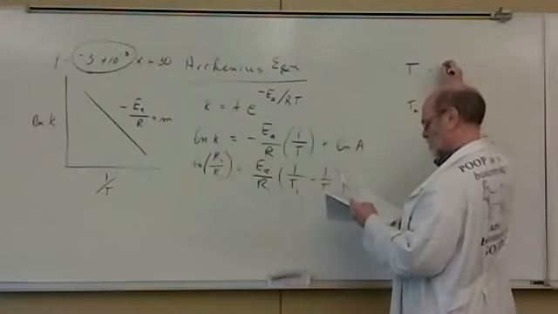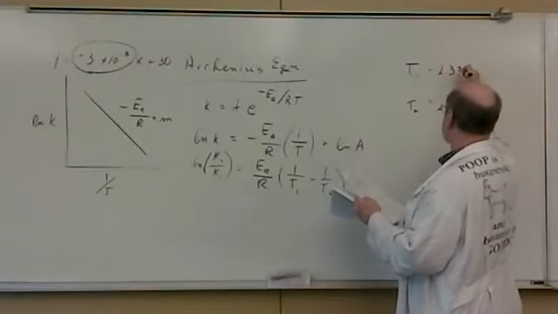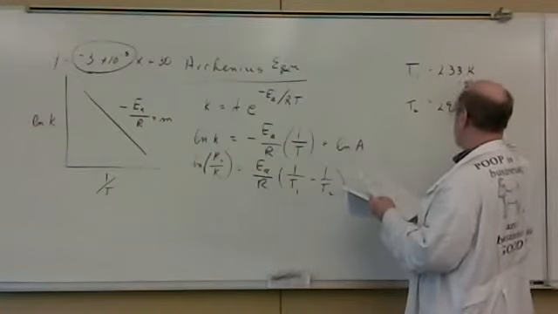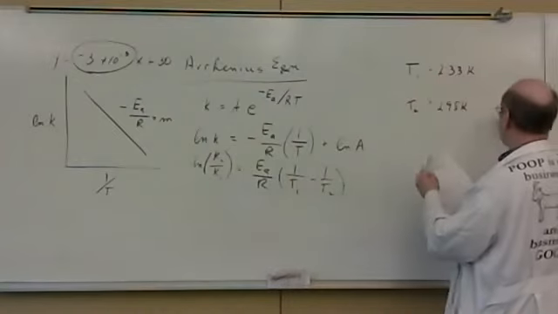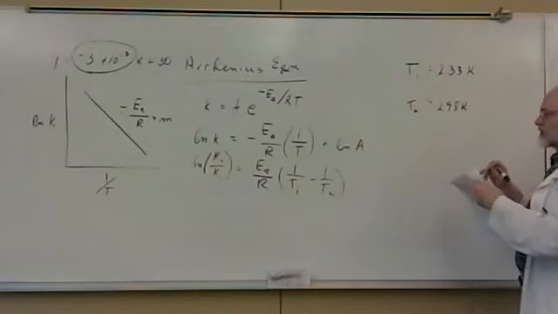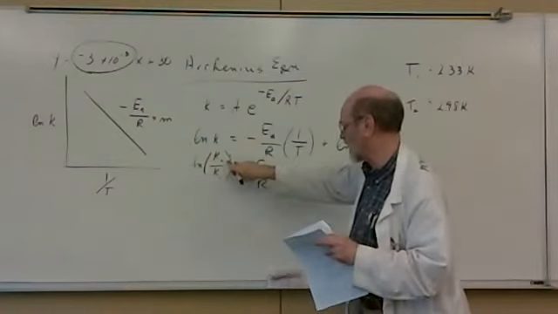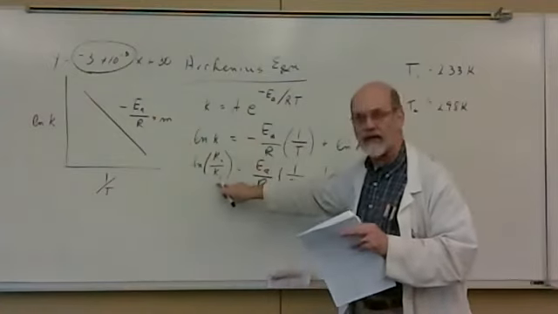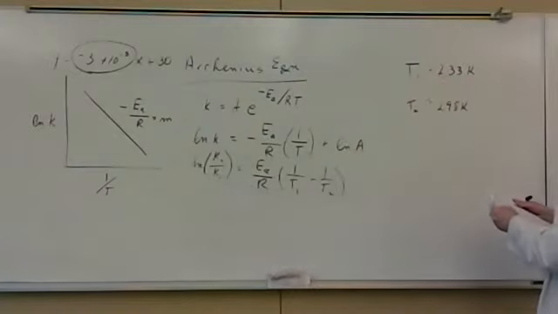And 233, that's the one we don't know. This is the one we know. So T2 is always going to be a bigger number. It definitely has to correlate. This 2 goes with that K, and this 1 goes with that K. Okay.